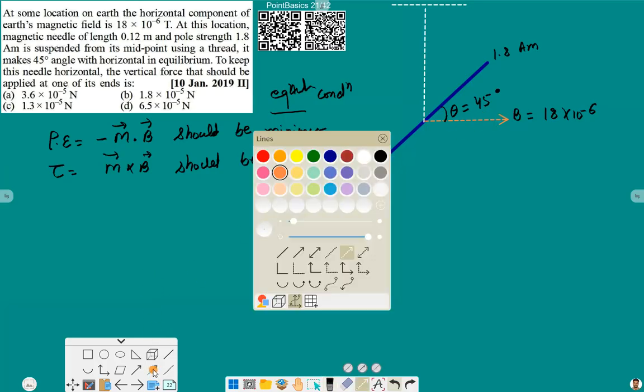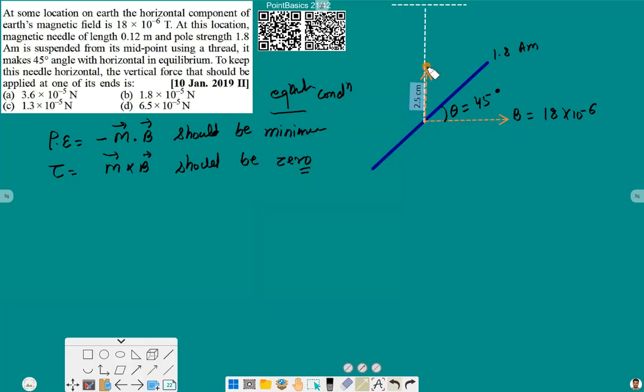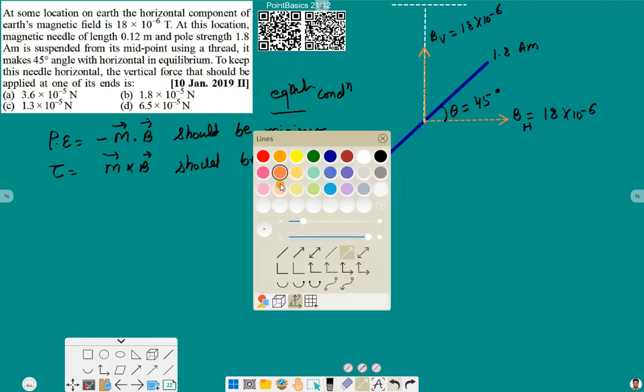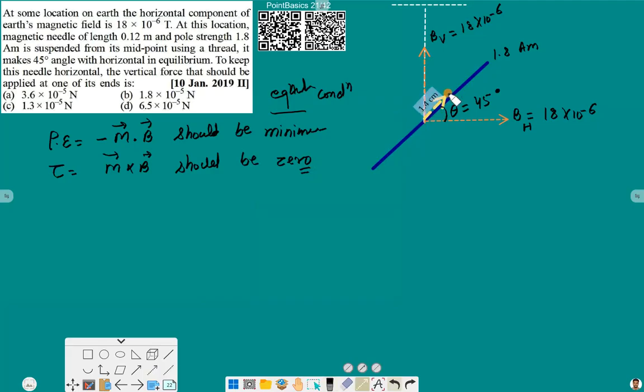This will happen because there is also a vertical component of magnetic field, and that component should be equal in magnitude to the horizontal component. This is the horizontal component of magnetic field, and if we have a vertical component of the same magnitude, then the net direction of magnetic field will be something like this.